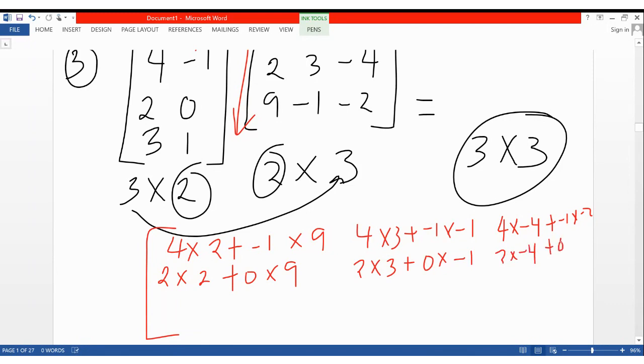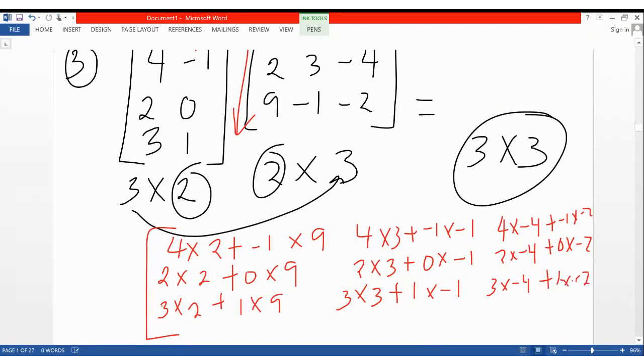The second one. Finally, I'll have 3 times 2 plus 1 times 9, and I'll have 3 times 3 plus 1 times -1. Then I'll have 3 times -4 plus 1 times -2.